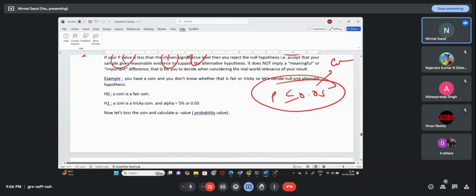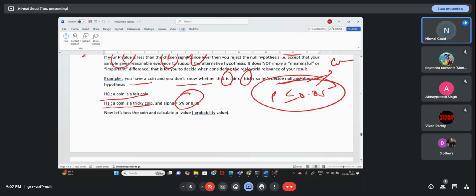Okay, fine. So, for example, you have a coin and you don't know whether it is fair or tricky. So let's decide null and alternate hypothesis. Null hypothesis means coin is fair. Alternate hypothesis means coin is tricky or biased. And alpha, or the significance value, is 0.5%. Now toss the coin and calculate the value of probability.